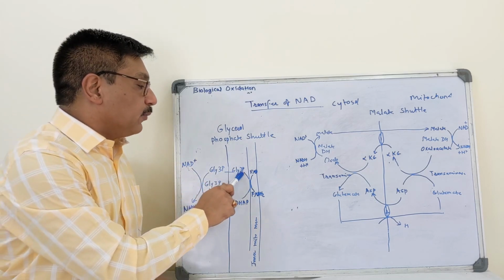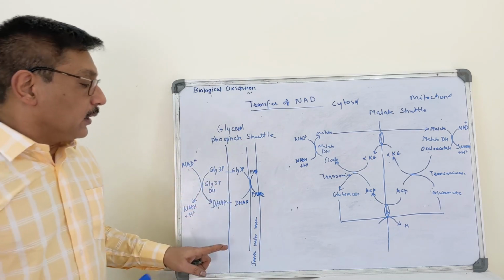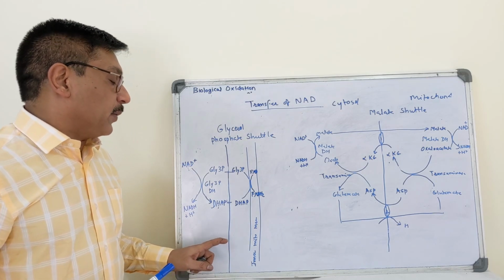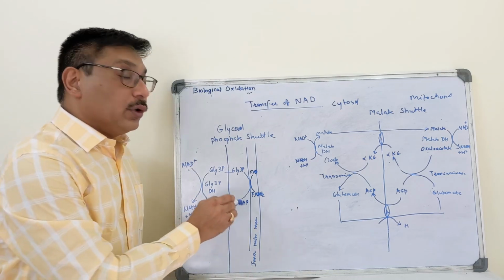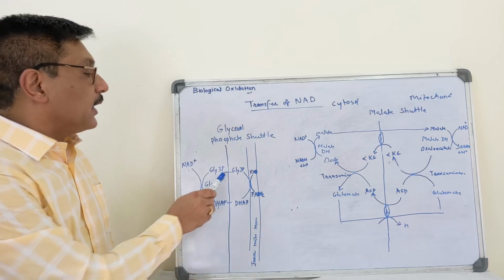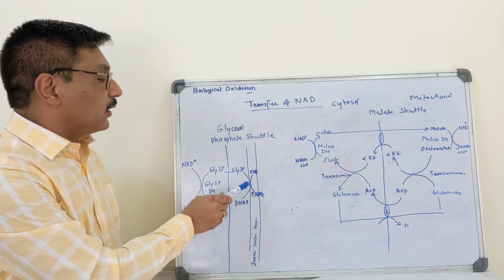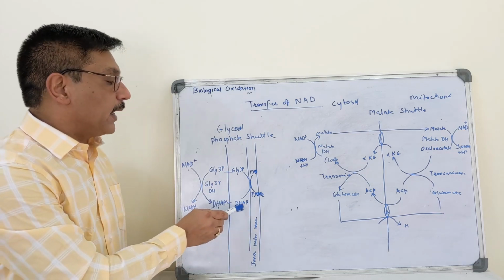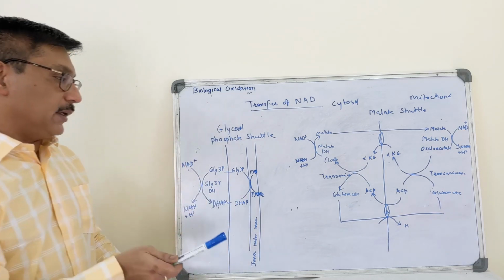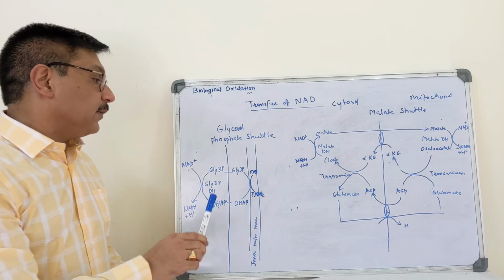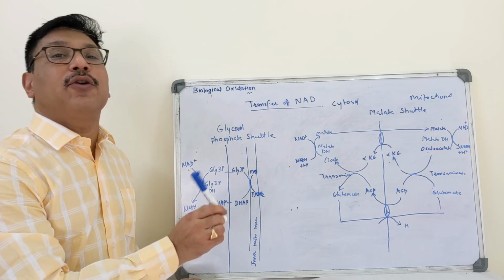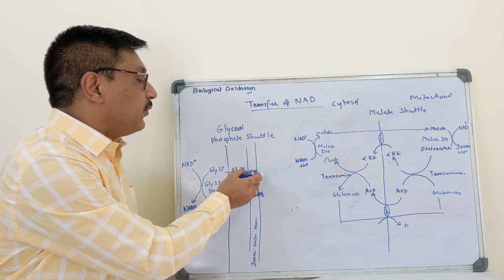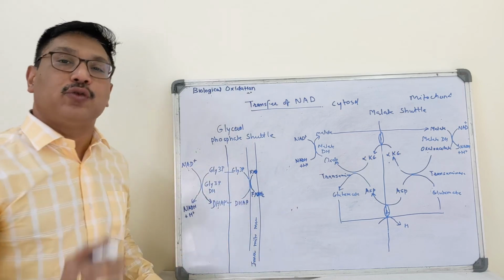Now glycerol 3-phosphate crosses the outer mitochondrial membrane and enters the intermembrane space. Again, glycerol 3-phosphate in the presence of glycerol 3-phosphate dehydrogenase is converted to dihydroxyacetone phosphate, but instead of NAD, now the coenzyme required for this reaction is FAD. So FAD is converted to FADH2.